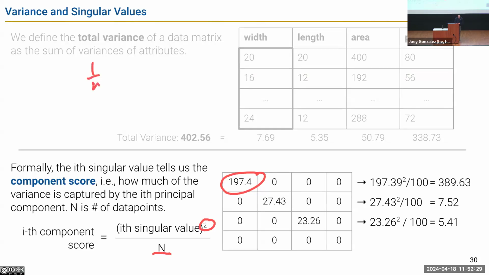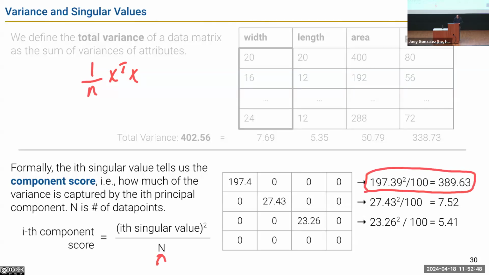It's 1 over n times X transpose X. You just kind of ignore this in our optimization, but you do need that 1 over n if you want to compute the variance. So we bring back our n. And this calculation, the singular value squared divided by n, is the variance of that column of Z, of that projection onto the first principal component.